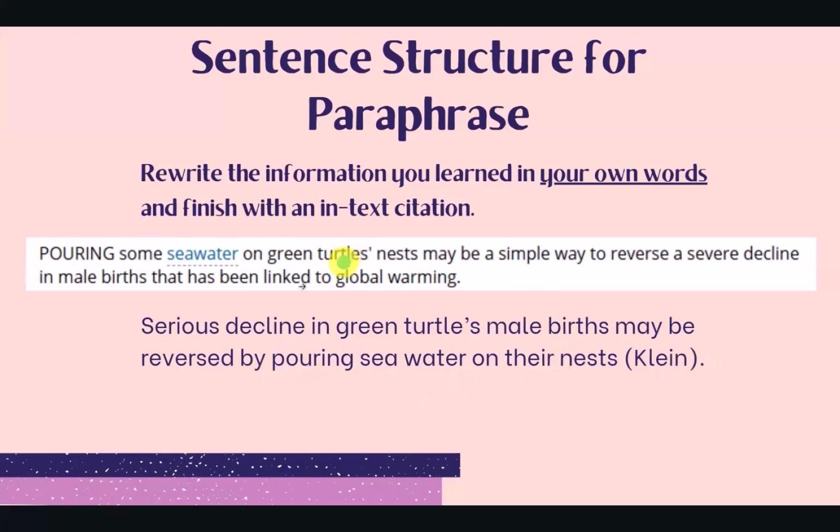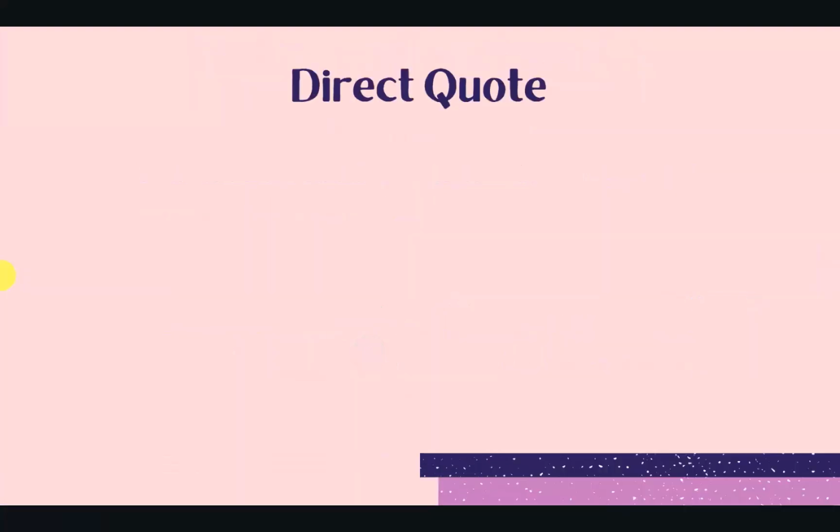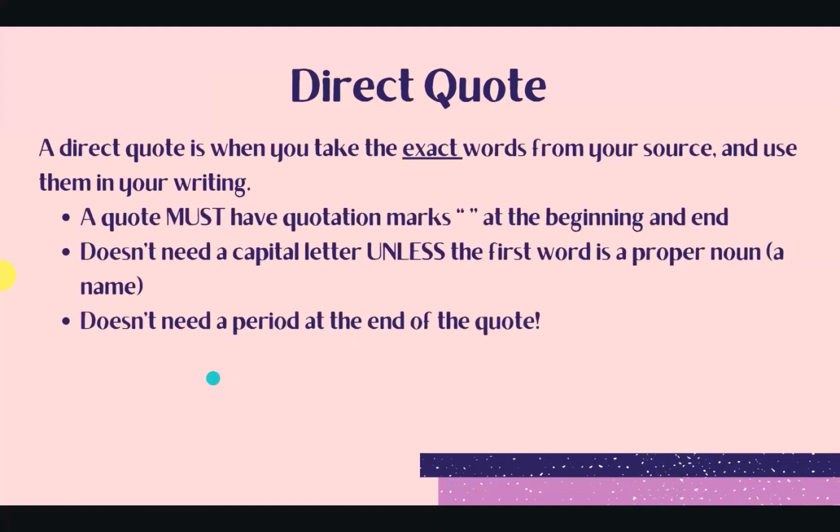So let's talk about the second way to write information. The second way of writing an in-text citation is via a direct quote. A direct quote is when you take the exact words from your source and you use them in your writing.